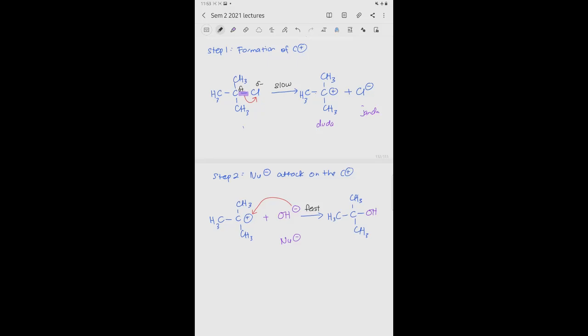So in this step, the C plus will attack the OH minus, or in other words, the new person here will be attacked by the C plus. So they will form a new family. So this is how we want to remember the mechanism. But please don't write that story in your answer if the question comes out in your individual assignment or final exam later.